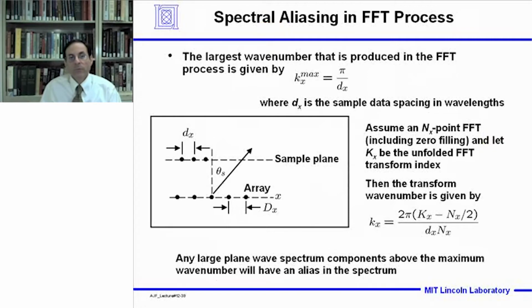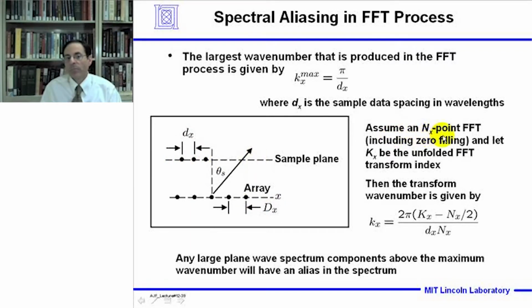Now there's a spectral aliasing in the FFT process. The largest wave number that's produced in the fast Fourier transform process is given by Kx max equal to pi over dx, where dx is the sample data spacing in wavelengths. This diagram shows the array with array element spacing capital Dx and the sample plane with spacing little d sub x.